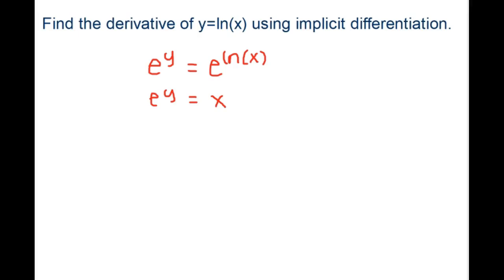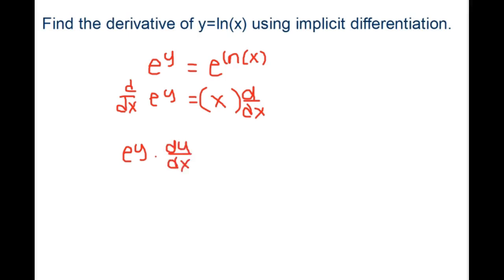Now yesterday we learned how to take the derivative of e to the y. So the derivative of e to the y becomes e to the y, and then the derivative of y is dy dx.